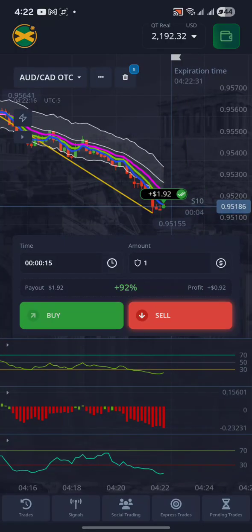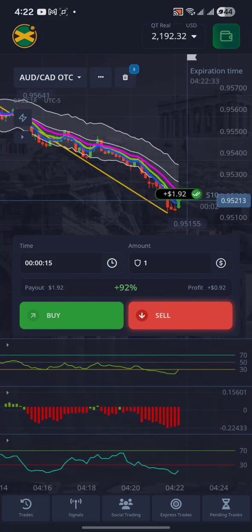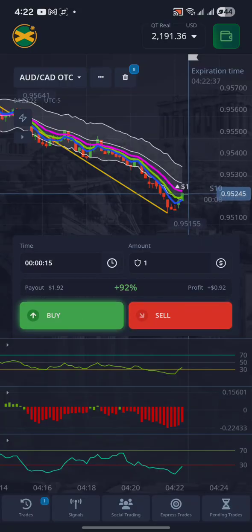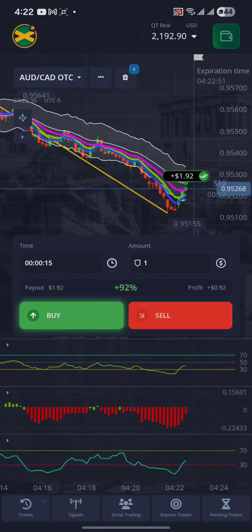Alright, so I want to go back up, but it's still in an oversold. The marker points up. So despite the steam running out, you can see the market go back up, and we catch it.